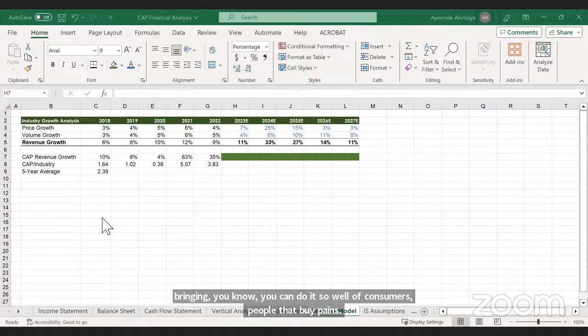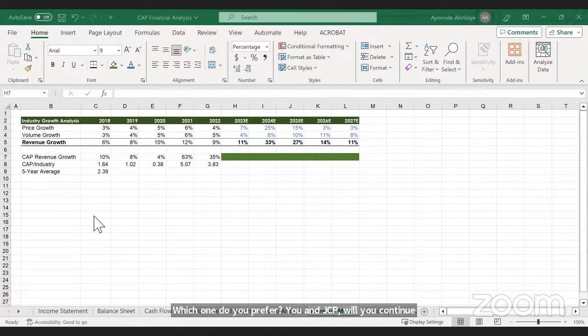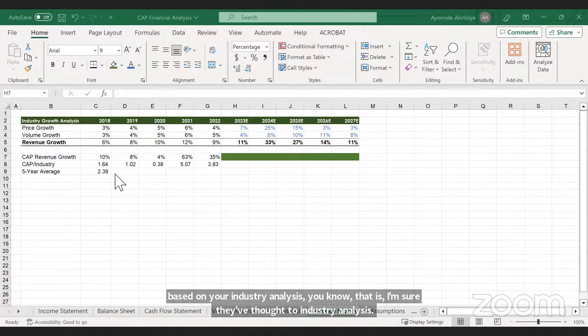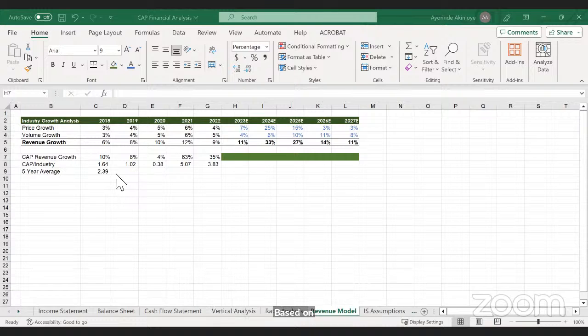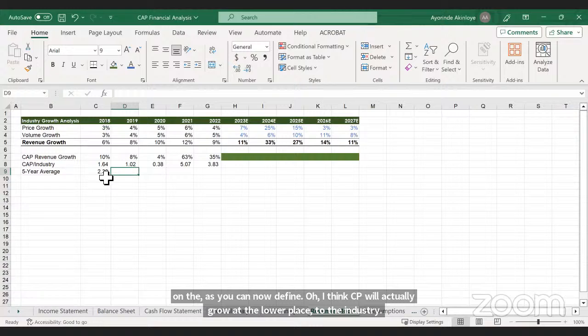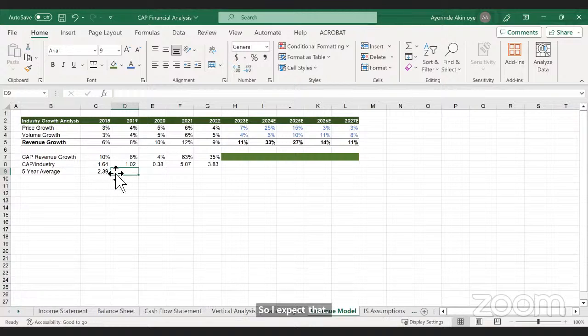Are you enjoying CAP? Will you continue to patronize CAP in the future compared to Portland, Premier, and other smaller regional players? Based on your industry analysis, I'm sure they've taught you industry analysis, you can decide that CAP will grow at a lower pace compared to the industry, so the rate at which it grows faster than the industry will reduce.